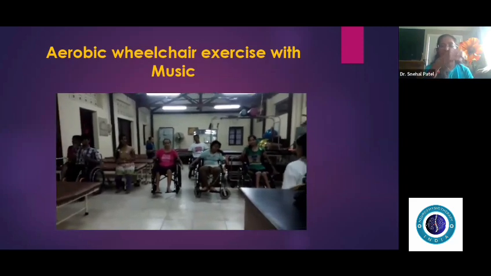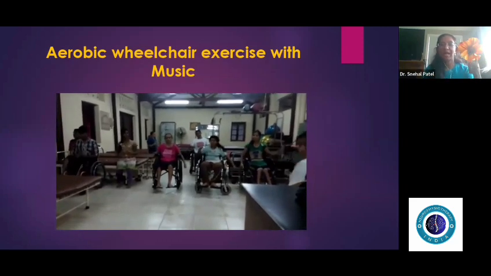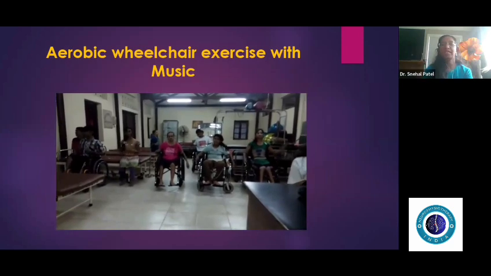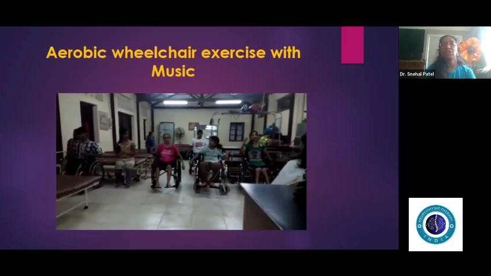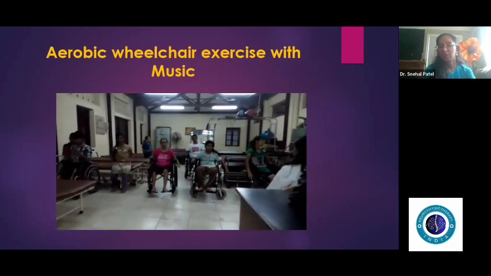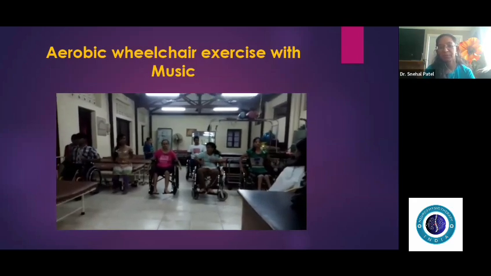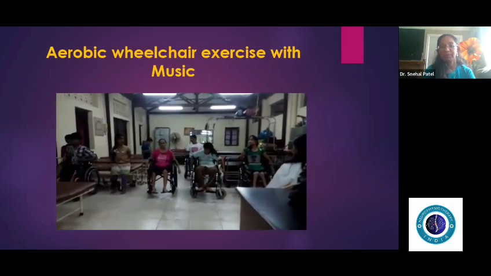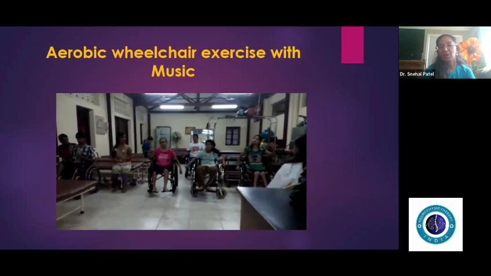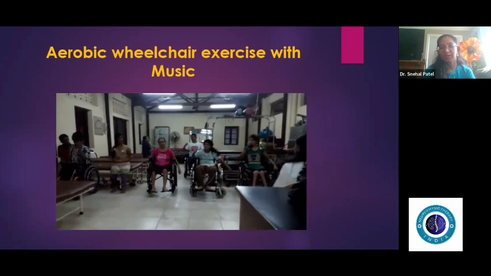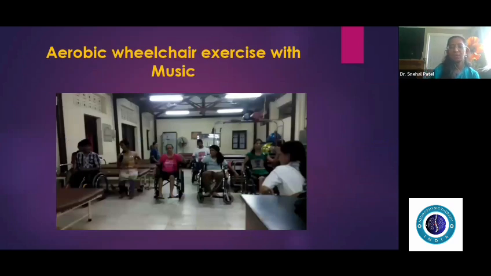Moving the hands up and forward, backward, and sideways, pushing movements, punching movements with the hands. You can use different kinds of equipment also. The music should be involved in a fun, effective way. Aerobic exercise with the music, with the group therapy on wheelchair.